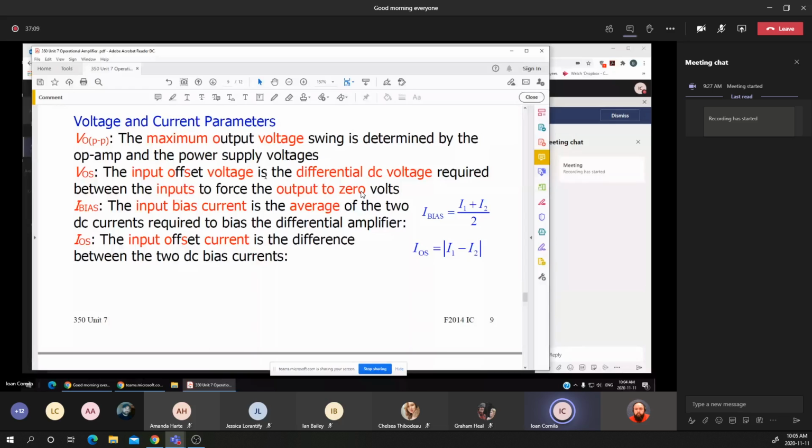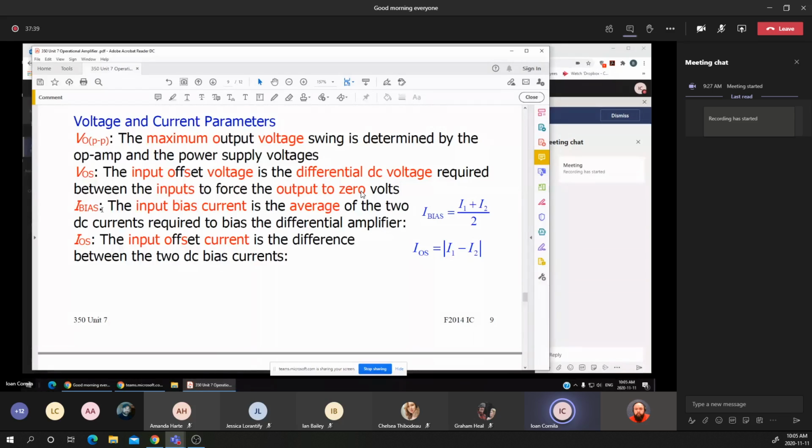We'll discuss how to use an external component, an external device, to adjust or force the output voltage to 0 when the same signal is applied on both inputs. And that's why I already introduced the differential, single-ended and double-ended inputs.